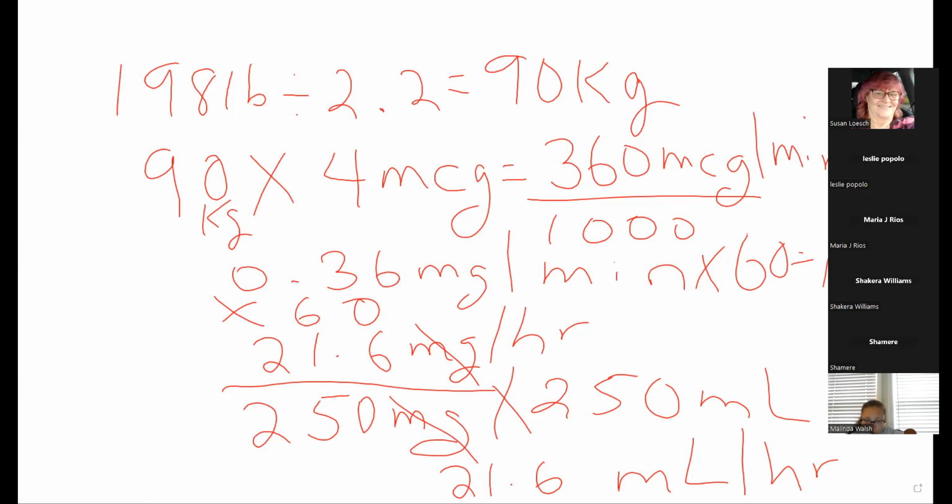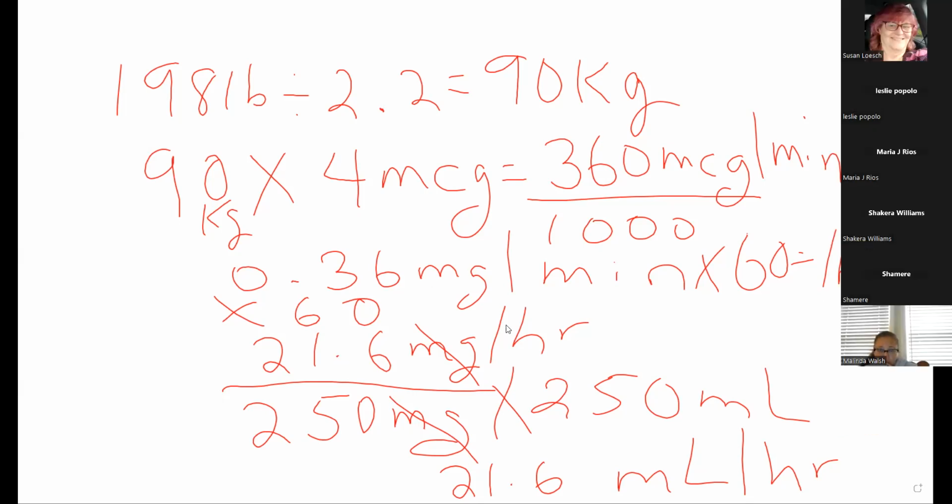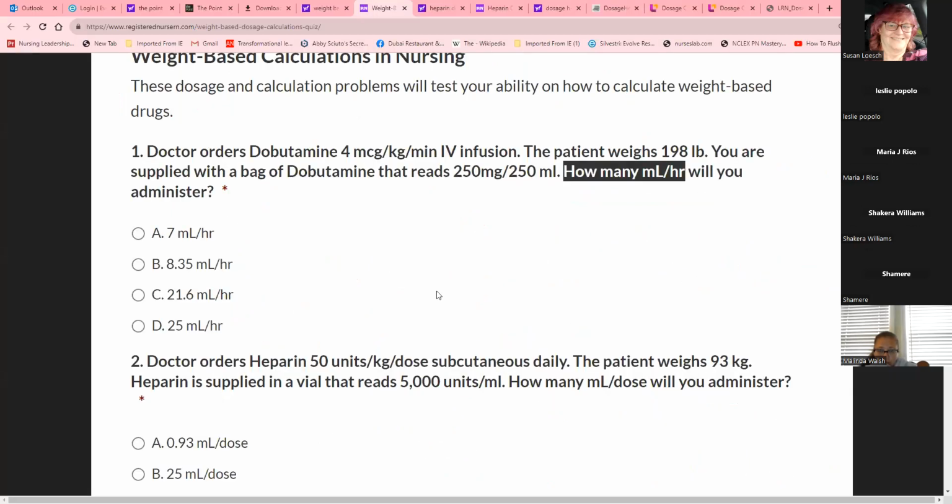Yes. All right, so let's go back to our other screen. Okay, is 21.6 there? Yeah. See, just like that, you are rock stars. It's not really hard. You just have to follow the steps. If you don't follow the steps, then you're always going to have a problem with this.